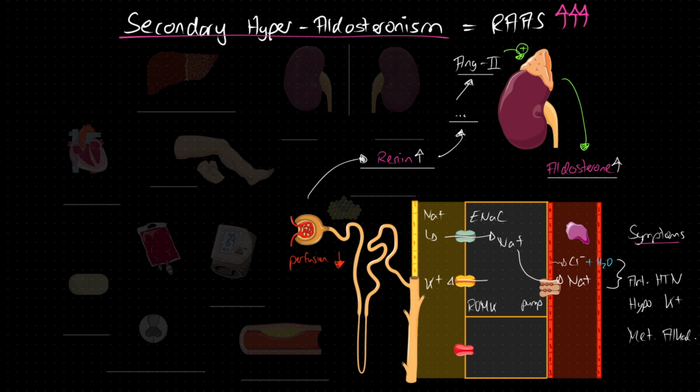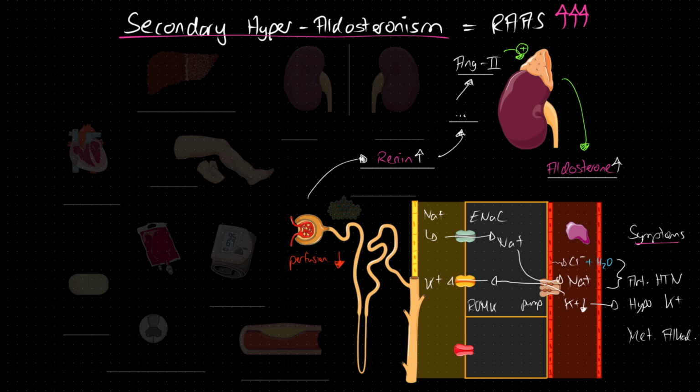However, another ion must be released into the urine for electroneutrality. That's why potassium is excreted. This already explains why with high levels of aldosterone, as in secondary hyperaldosteronism, hypertension and hypokalemia might occur.